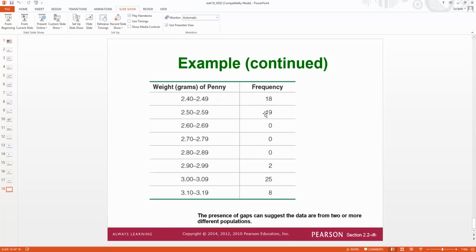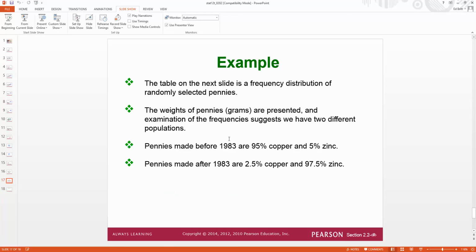You see these right here, there's a lot that weigh this amount of grams, and then there's none that weigh here, that's the gap we were talking about a few slides back. And then you see these right here, the other pennies are weighing a lot more. So this must be from two different time periods.